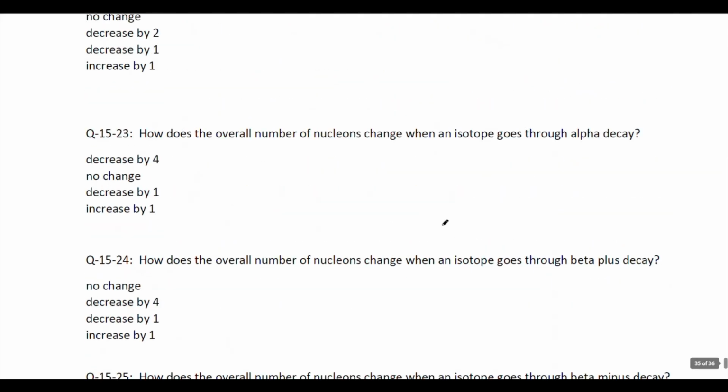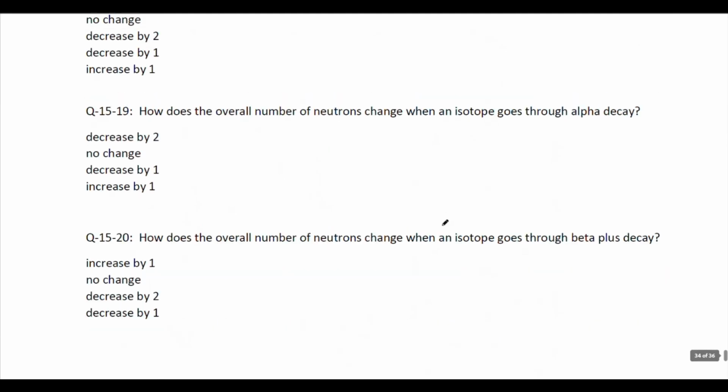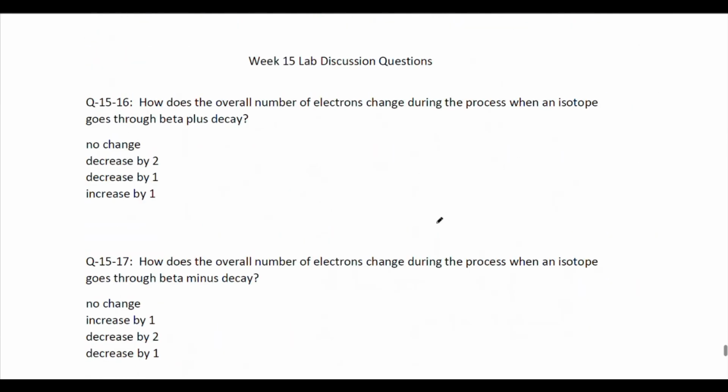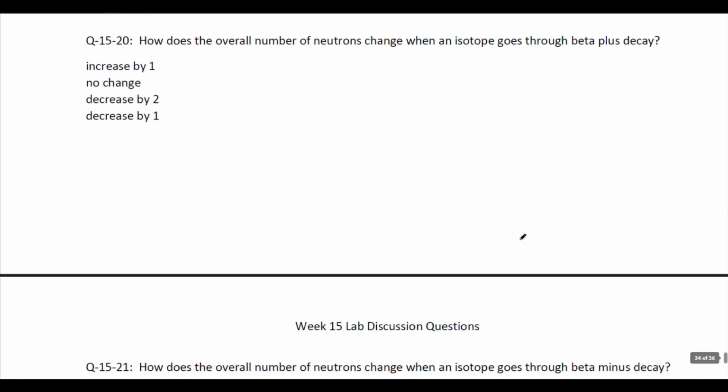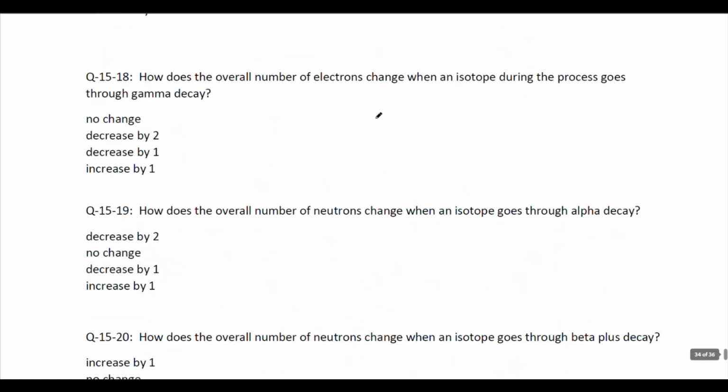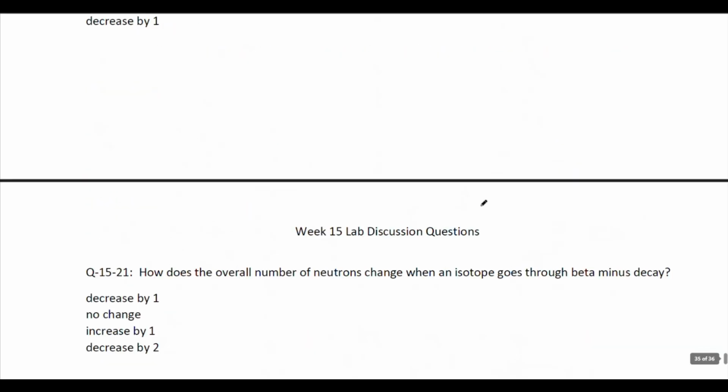I guess another thing that might be important to mention is that with these decays, we're particularly looking at the nucleus. So electrons don't live in the nucleus. So we're not going to talk about those. Technically, the electrons get removed later or added later. But again, we're looking at the immediate change. The change to the nucleus is what we're interested in.